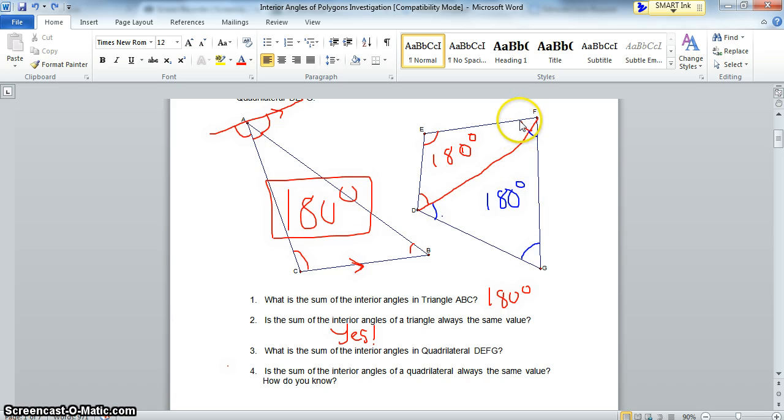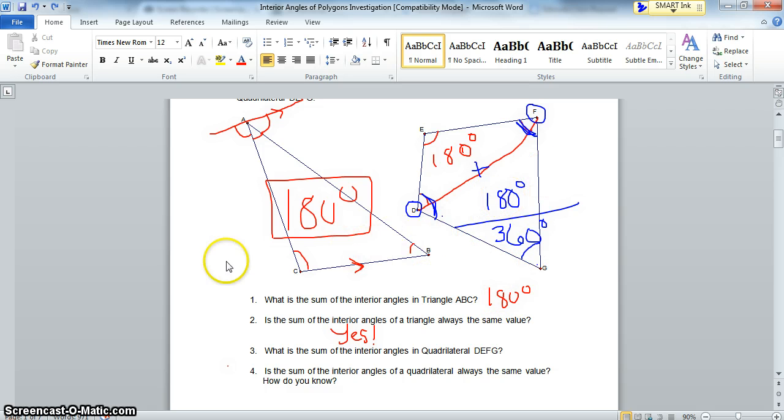This red angle and this blue one really just make angle F of the quadrilateral. Same deal here: those two really make angle D. So add up these four angles, and they're going to be the sum of 180 plus 180, or 360 degrees. So the angle sum of this quadrilateral is 360 degrees.